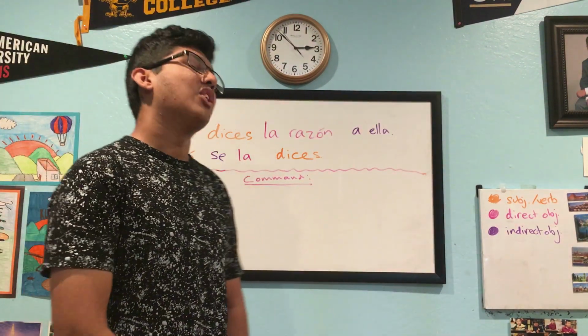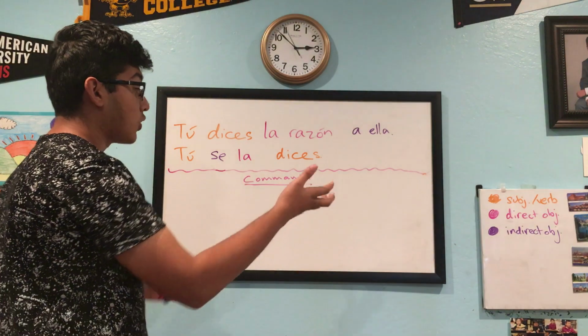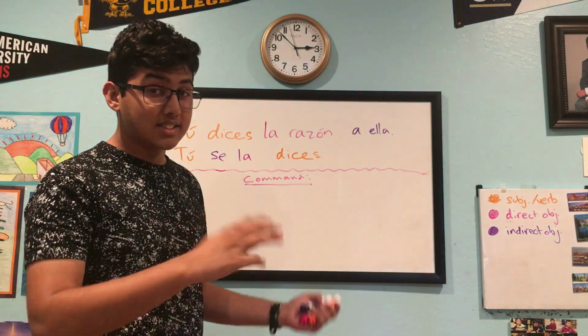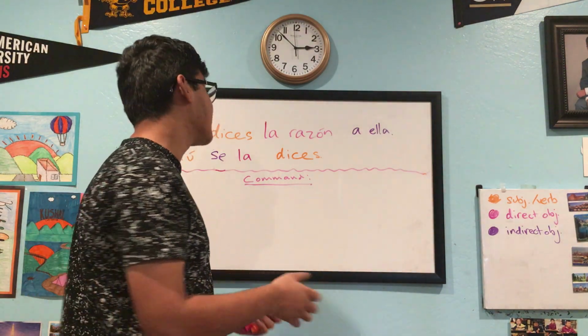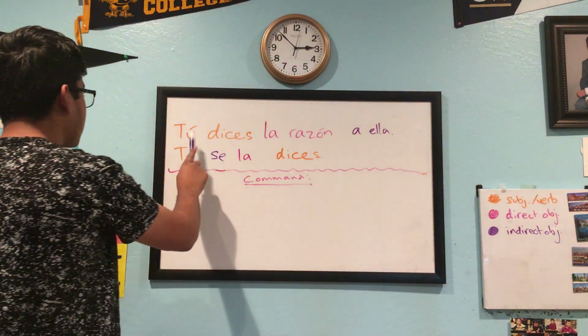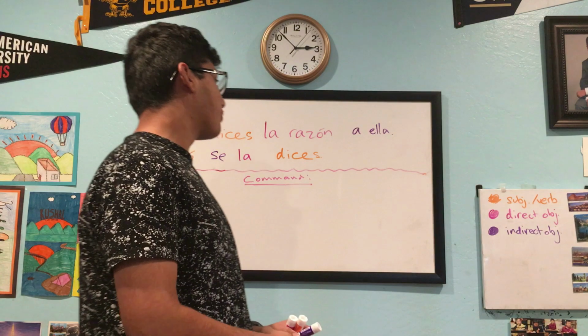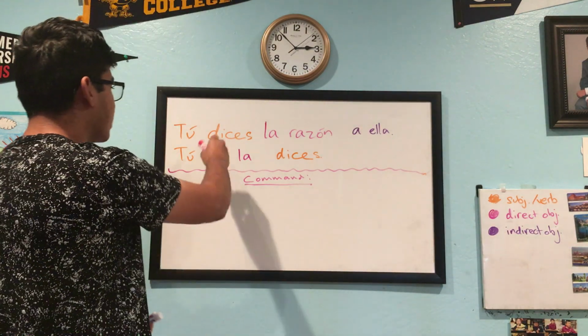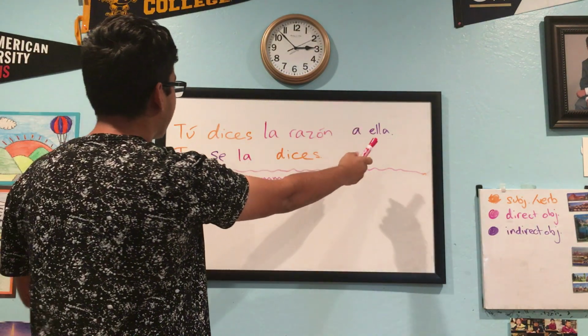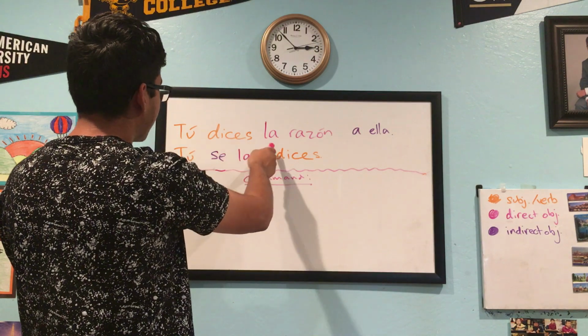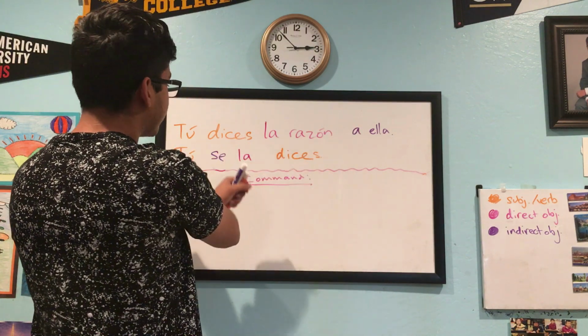Alright then guys, here is our first example. I basically just copied it from our past example, and I just changed the subject to tú because we're going to be working with two commands in this video. For the first one, it's tú dices la razón a ella, and then when you're adding all the direct object and indirect object pronouns, it becomes tú se la dices.